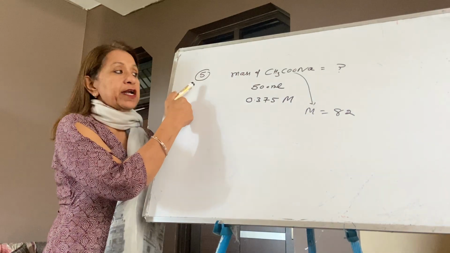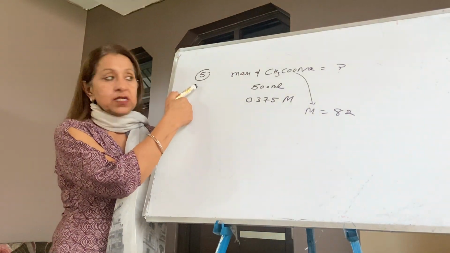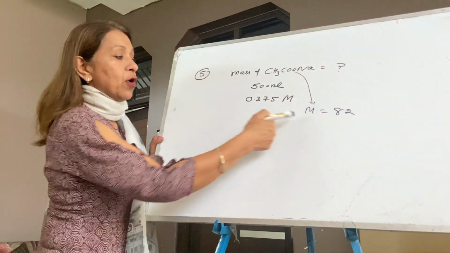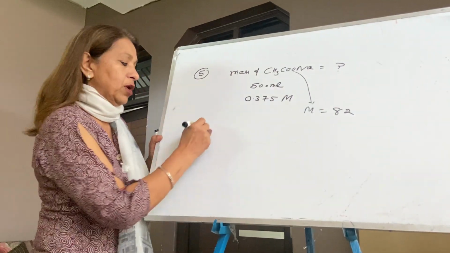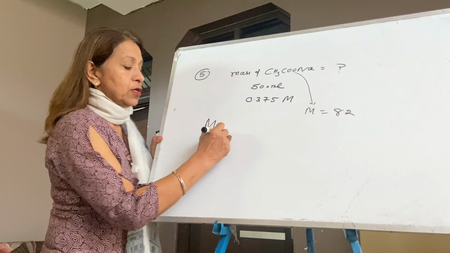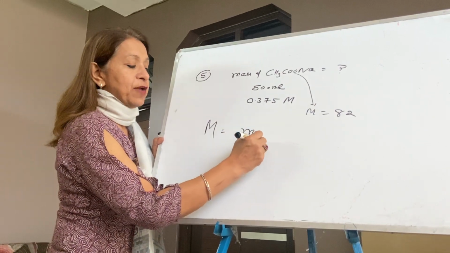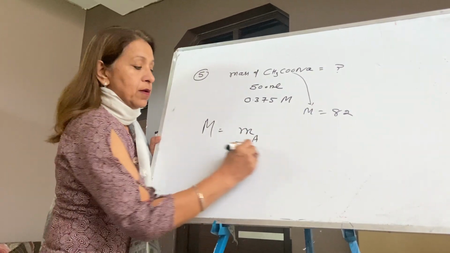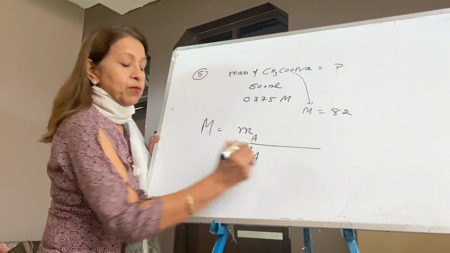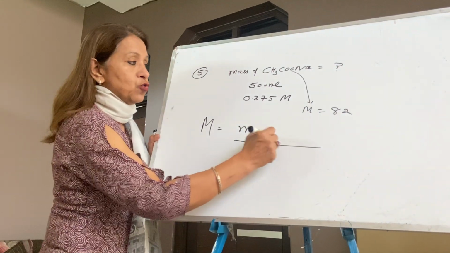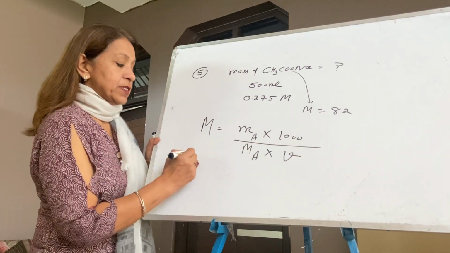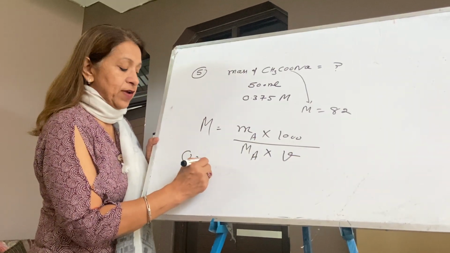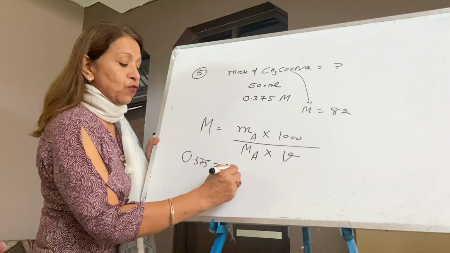You open the NCERT book and can see the molecular mass. Let us start the numerical, very simple, you take the formula only. Molarity is equal to mass of solute, small m, by capital M, molecular mass of solute, into 1000 by volume. Now molarity is given, 0.375. Mass of solute you want to calculate.